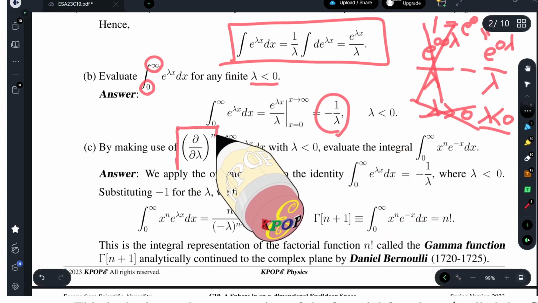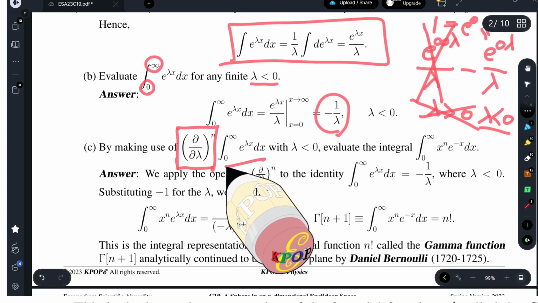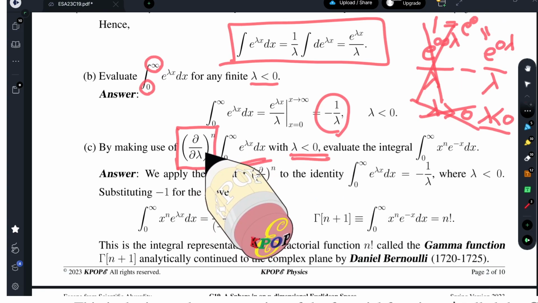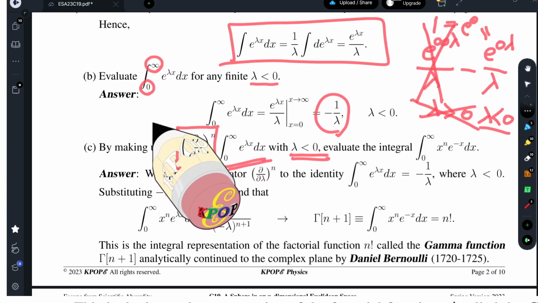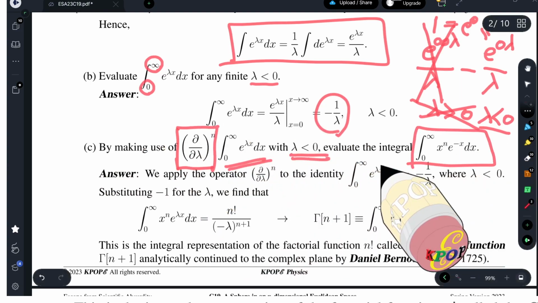Then we take the nth order derivative of this integral with respect to lambda, for lambda negative, n times. We make use of this to find the integral of this.